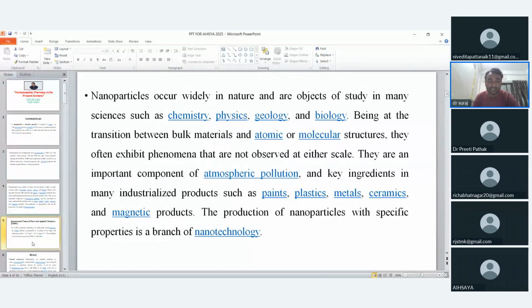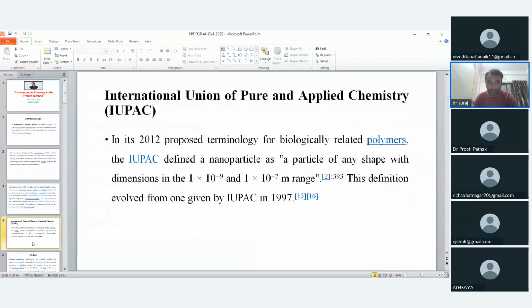According to IUPAC, now it is a very important and standard one. When we talk about any material, any particle, and any biomolecular sciences, IUPAC, which stands for International Union of Pure and Applied Chemistry, plays a major role. In 2012, IUPAC defined nanoparticles, the polymeric and very minute structures with any different shape and arrangement, in the range of 1 into 10 to the power minus 9 to 1 into 10 to the power minus 7 m.